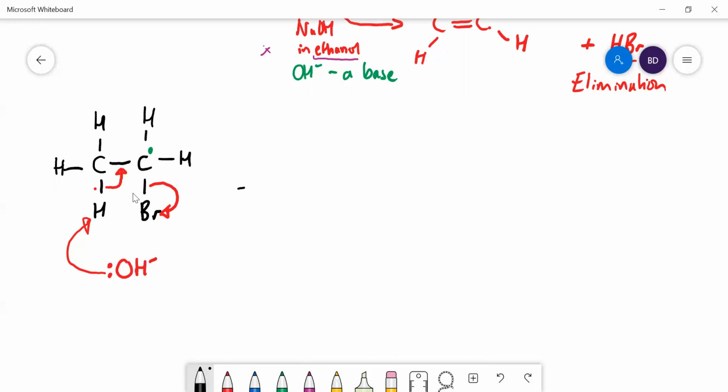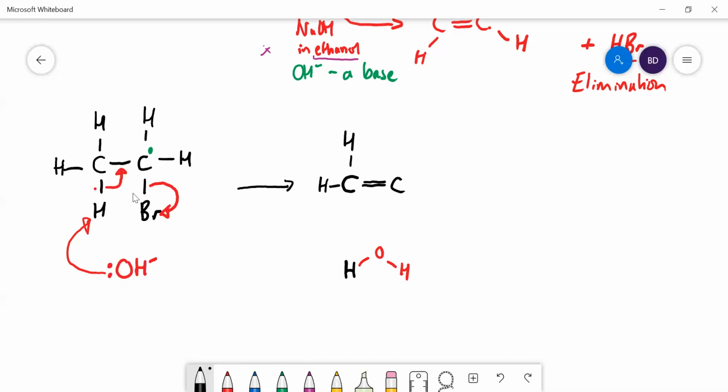Okay, so let's see what the product's going to be. This carbon here, it's still got 2 hydrogens attached. The other hydrogen has come off as water, so we'll draw that here. And then the OH was red, so we'll do it in red. So that's the new water molecule we formed. That carbon is there.